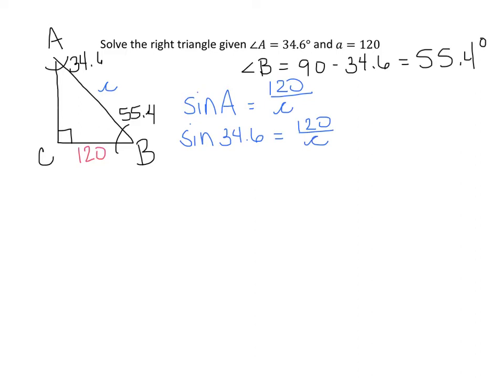To clear a denominator, you multiply both sides of the equation by your denominator. So that gives you C times the sine of 34.6 is equal to 120. Then, to isolate C, you'll divide both sides by the sine of 34.6.